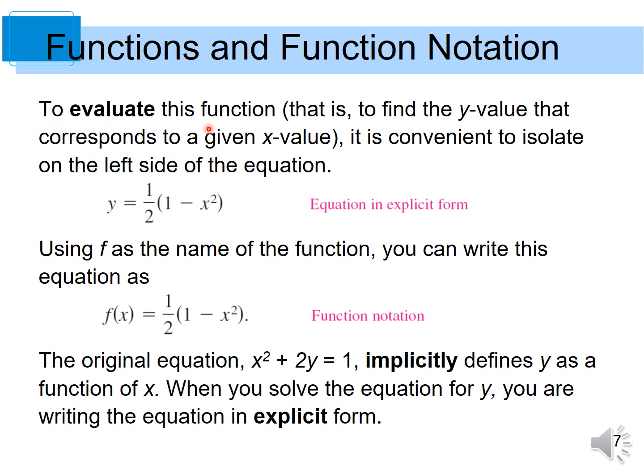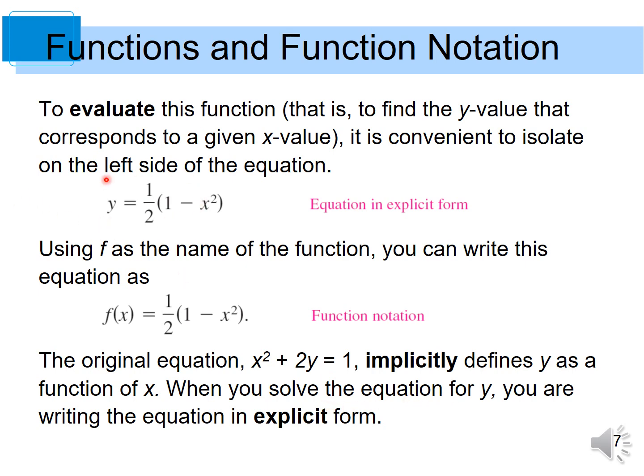To evaluate this function, it is convenient to isolate y on the left side of the equation. Look here. This is the original equation from our previous page, in implicit form. Then you solve the equation for y.